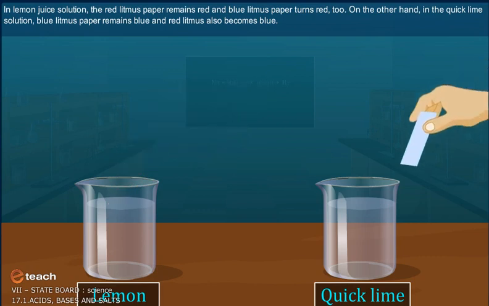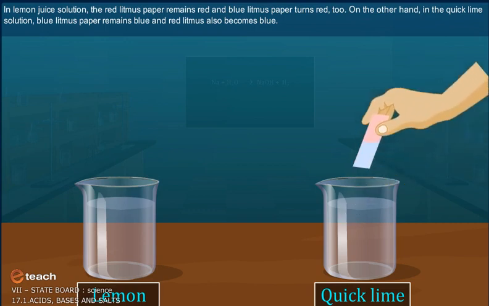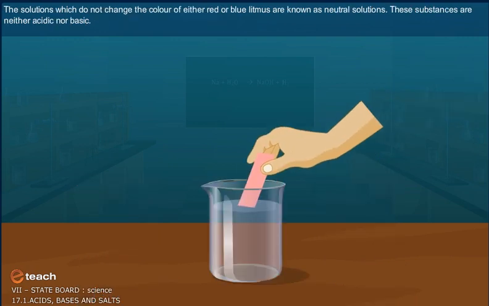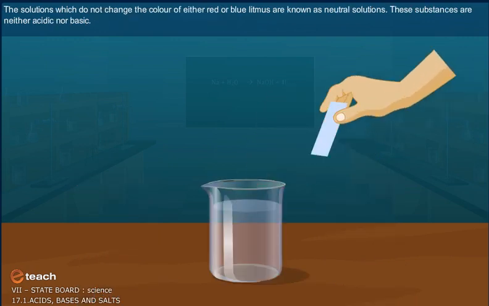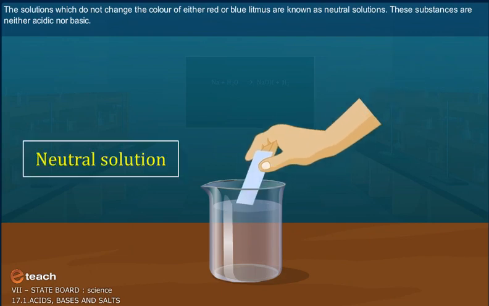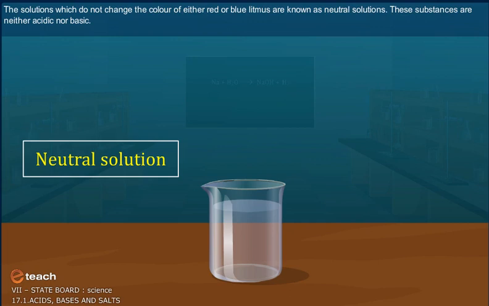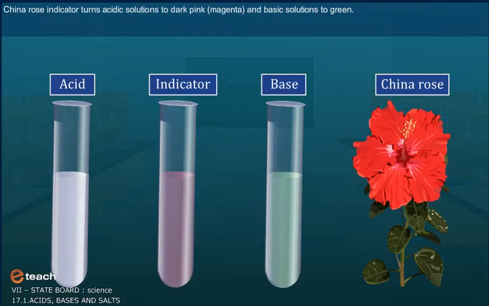On the other hand, in the quicklime solution, the blue litmus paper remains blue and the red litmus paper also becomes blue. The solutions which do not change the color of either red or blue litmus are known as neutral solutions. These substances are neither acidic nor basic. China rose indicator turns acidic solutions to dark pink, magenta, and basic solutions to green.